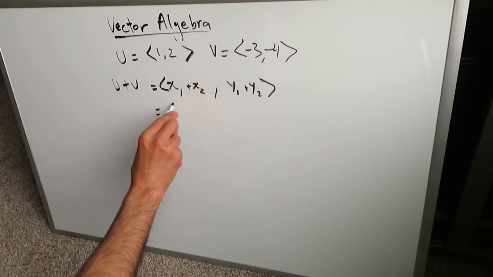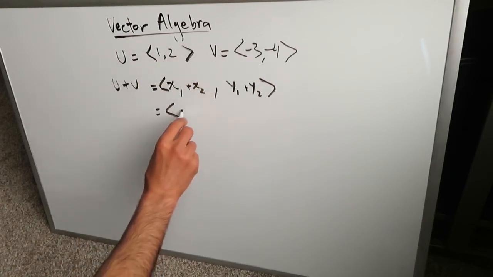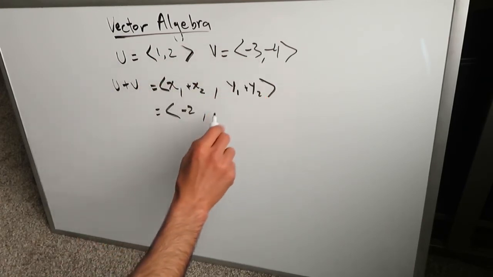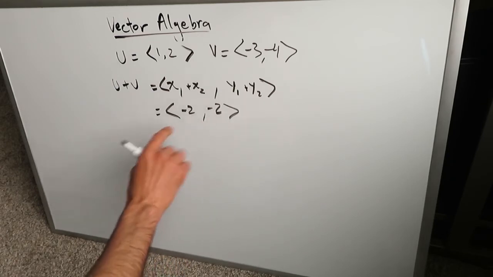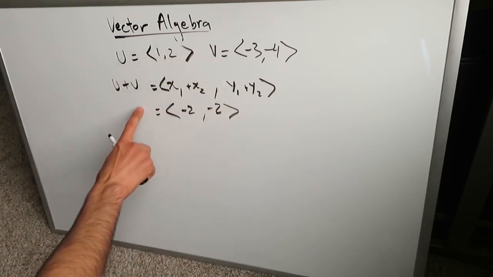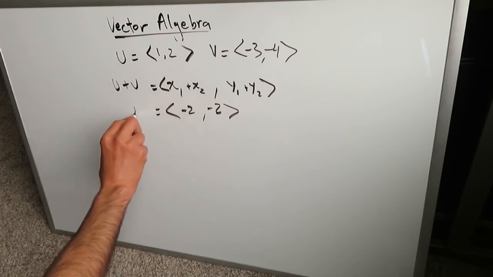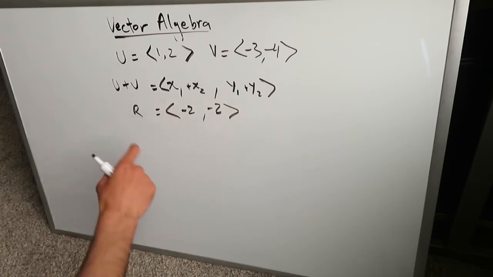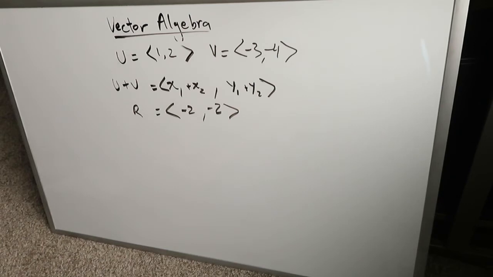It's not hard. What's 1 plus minus 3 is a minus 2. What's 2 plus minus 4 is a minus 2. So just by doing this, you've shown that the addition of these two vectors is this new resulting vector. We will call resulting vectors R, capital R. The resulting vector will be minus 2 comma minus 2.